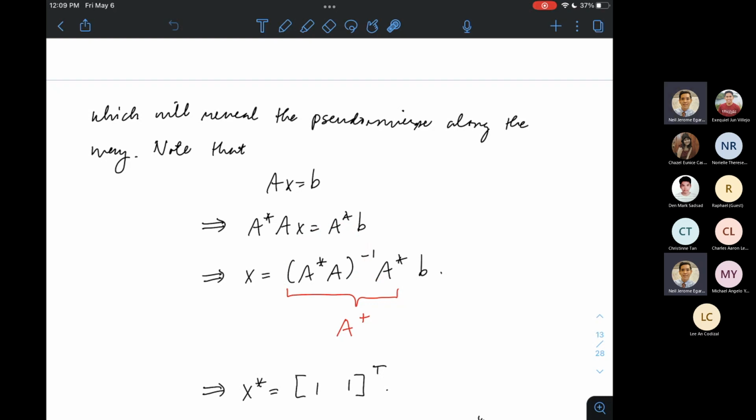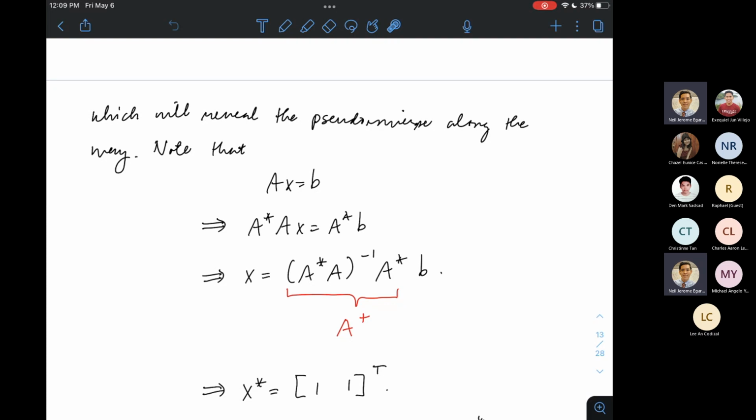Okay? Tapos meron pa tayong isang case na pinakita last time. Kung ano naman yung gagawin kapag hindi invertible yung A star A. Ang pwede mong tingnan, invertible ba si A star? Because if A star is invertible, even if A star A is not invertible, then you can still find the Moore-Penrose pseudo-inverse.